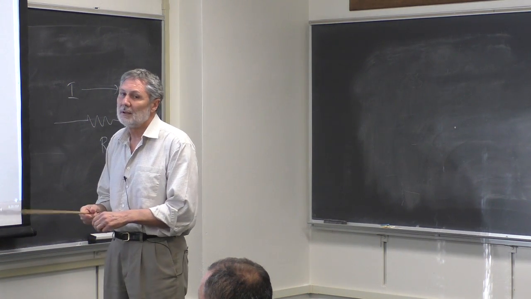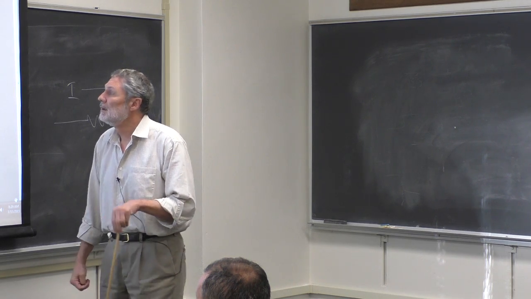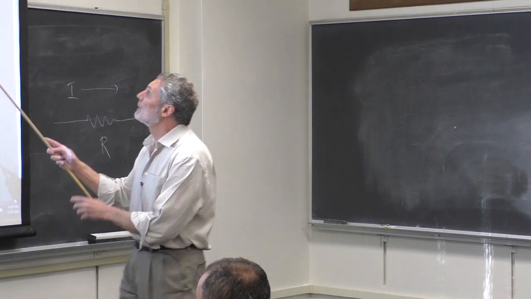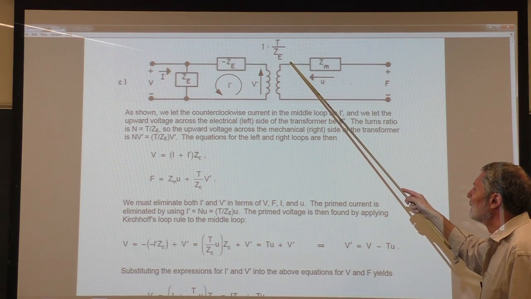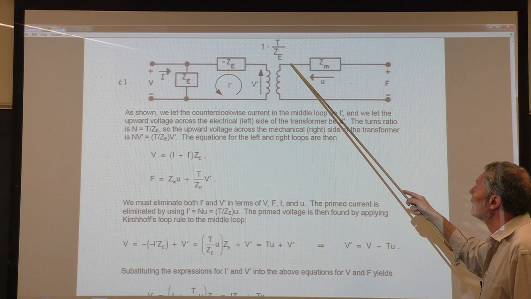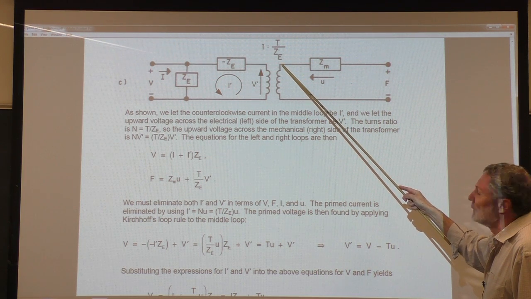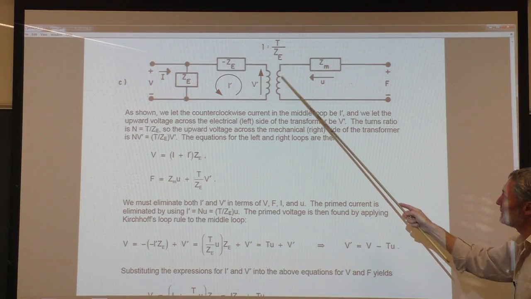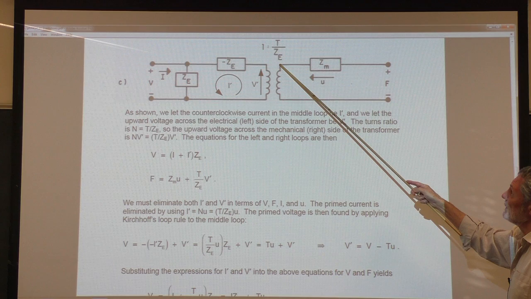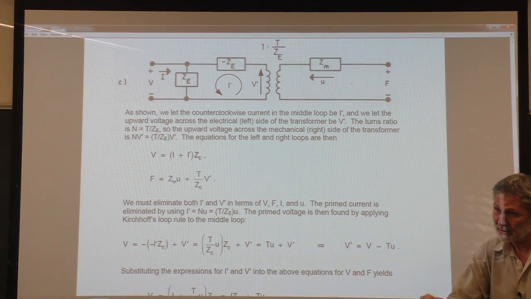So if you did the sum like you were talking about, set it equal to 0, it would be F minus ZMU plus V prime, right? No, it's minus. Because assuming a positive voltage here, this is a drop. The voltage is decreasing, so you've got to have a minus sign in front of it.